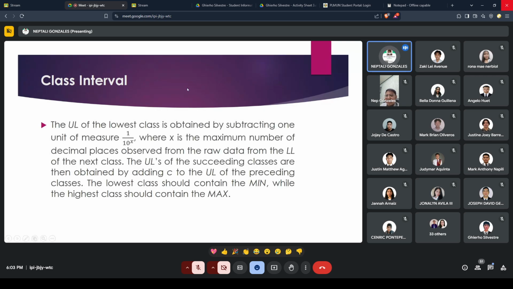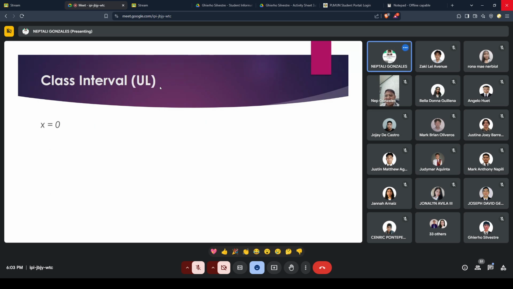It is stated here where x is the maximum number of decimal places observed. Magkakatalo lang kayo kapag merong data na may 2 decimal places, may 1 decimal place, tapos may 3 decimal places. But since our data have no decimal places involved, x is equal to 0.